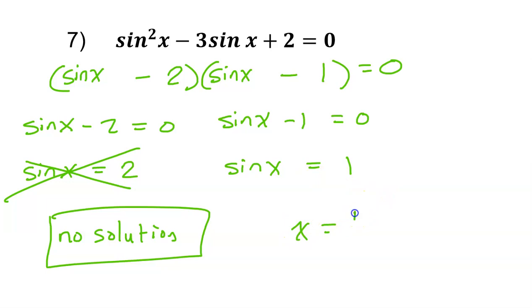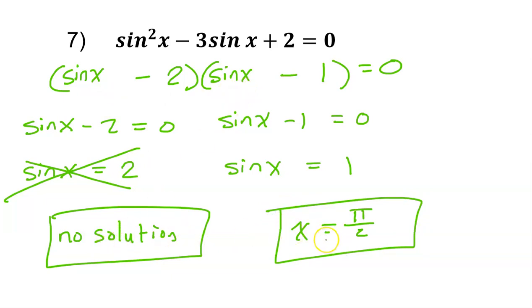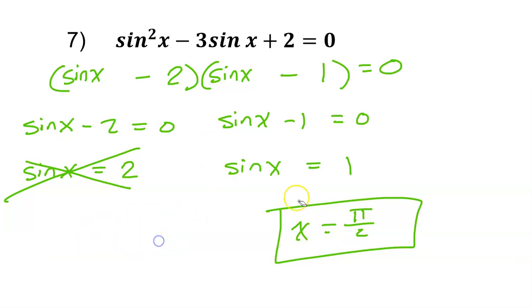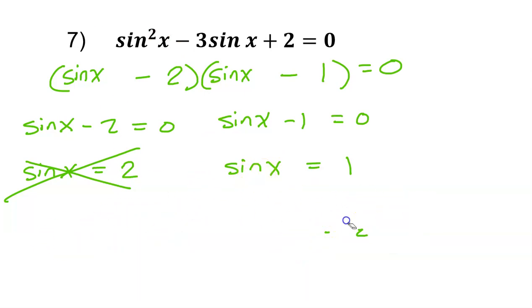Okay, maybe this turns out to be pi over 2, say. All right, this is not two separate problems. You can't have no solution and a solution. So do not write no solution unless the other equation also has no solution.